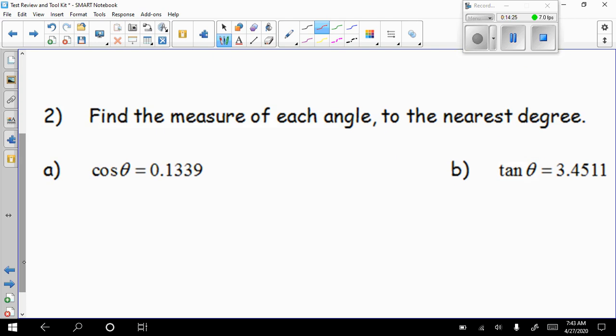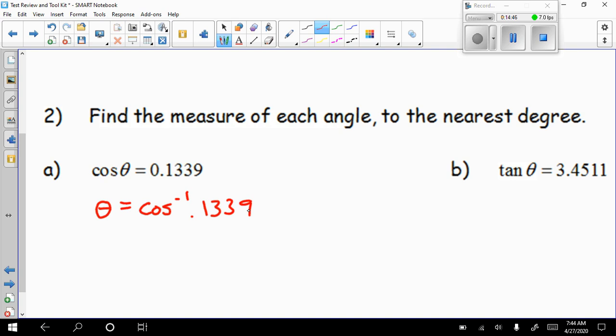Okay. Well, we can also undo this, and this is a common thing we have to do in trig, is if you know that the cos of the angle is this number, so that's the ratio, but if I wanted just theta, I use the second function, or the inverse of cos, of 0.1339. So watch this.